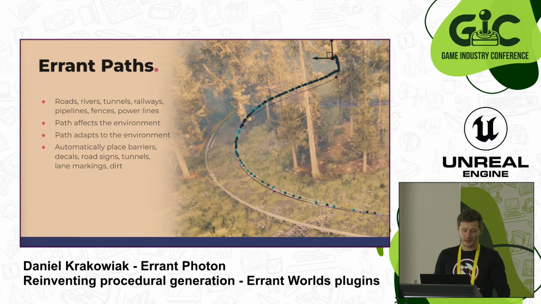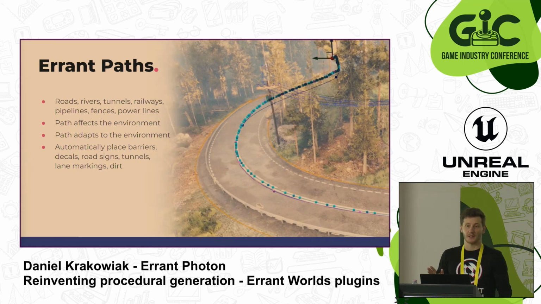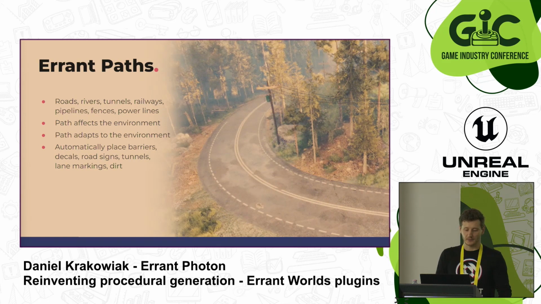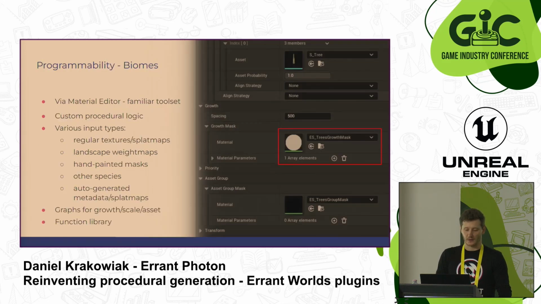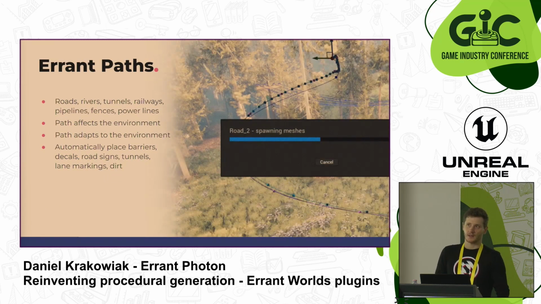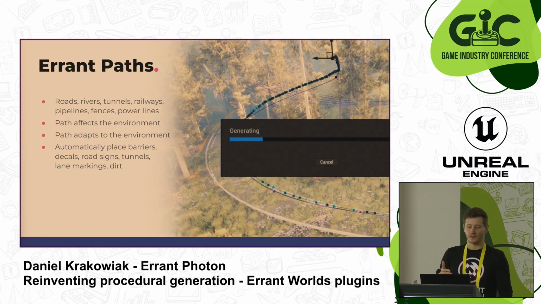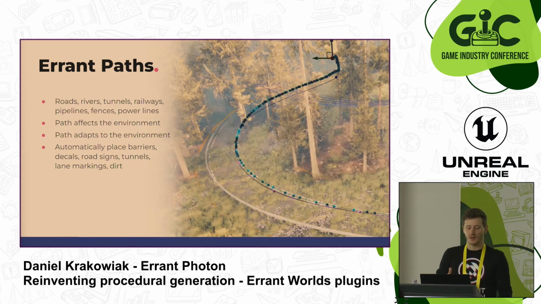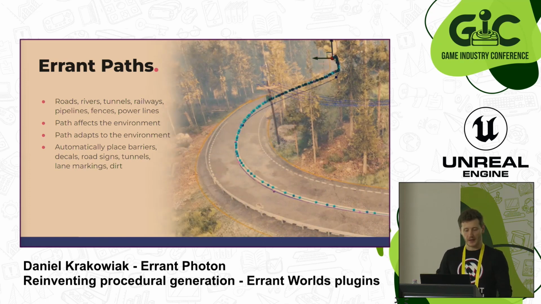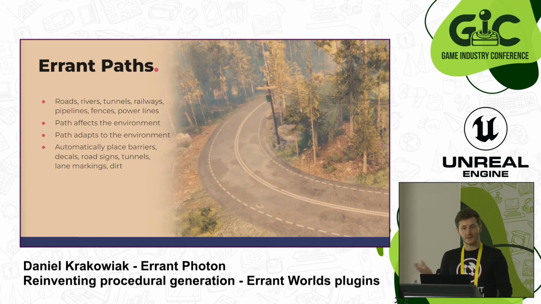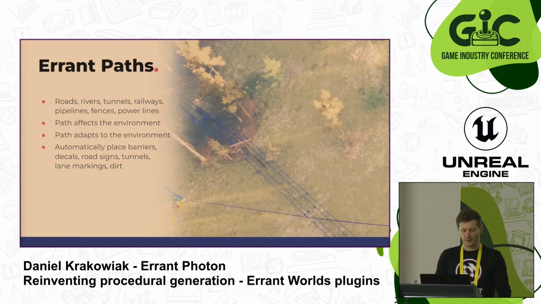Like in here, we set up a road through the forest, and the forest clears along the path. But also the road adapts to the environment, so that, let's say, you may have a barrier which is placed only on the left turns, or maybe when there is a cliff nearby, when the road passes through a forest, you may spawn leaves there. You can do pretty much anything. You define these rules.